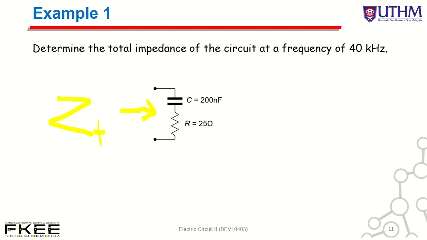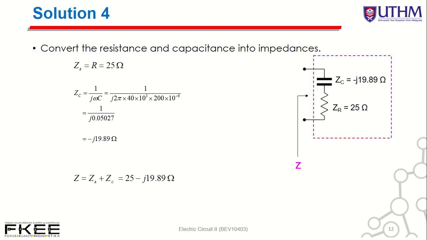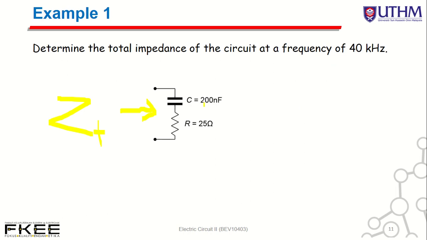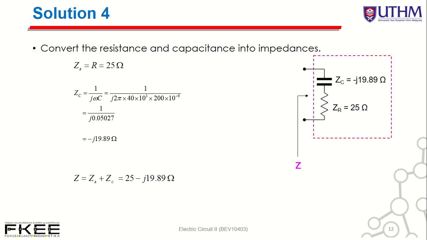Okay, series circuit. First of all, this is the time domain because we are given the values of C and R. Then you need to convert to the phasor domain: C you convert to ZC, and R you determine ZR. ZR equals R, 25 ohms.